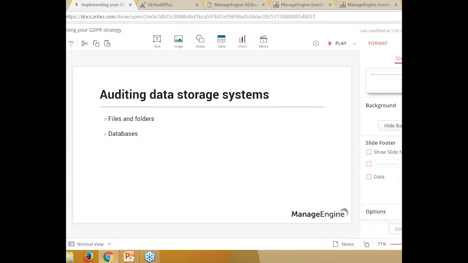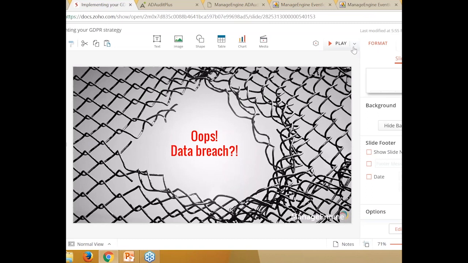So before we conclude, that brings me to my final slide where I say, what if you have a data breach, right? Because yes, you can have systems in place, you can have a solid auditing and alerting tool in place, but in case you get breached as well, the GDPR expects you to notify in the next 72 hours after the breach, right?